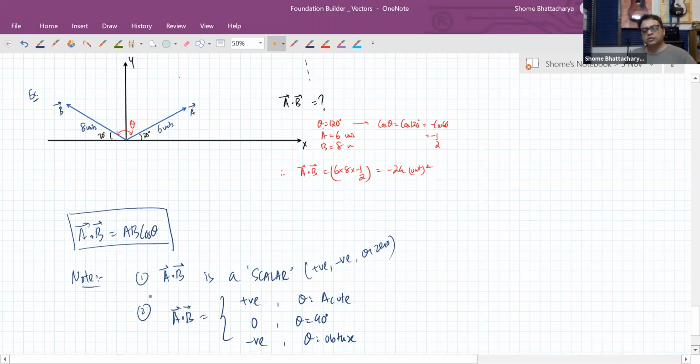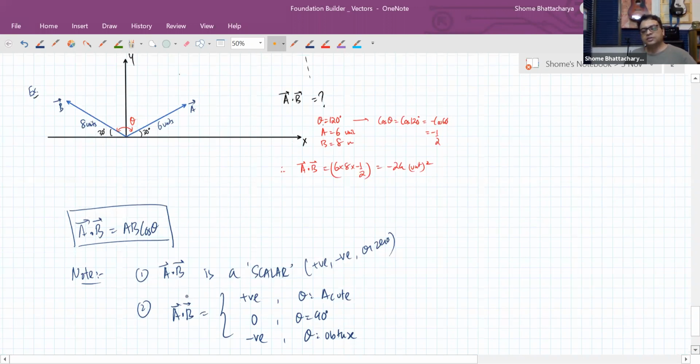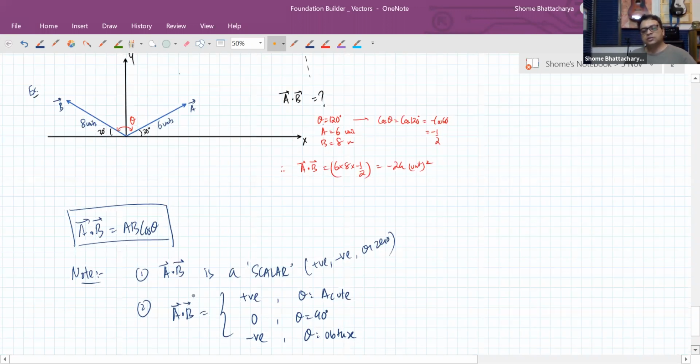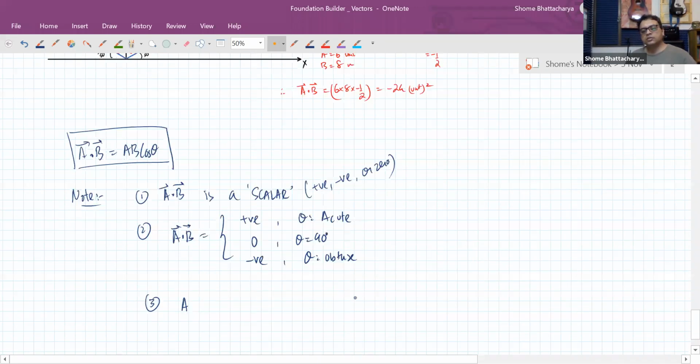Okay. Now, this will also explain the next property I'm showing. A dot A will be magnitude of A square because A dot A will be A into A into cos 0. So cos 0 is 1. So that is A square. Okay.